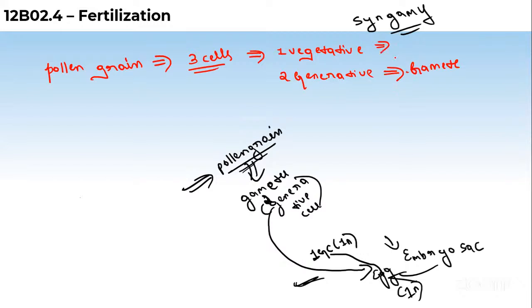The one vegetative cell helps in the formation of the pollen tube, acting as a tube cell. It is not going to be fused.